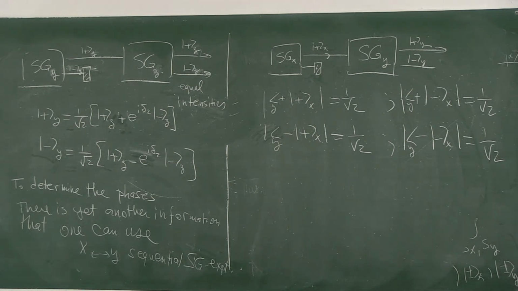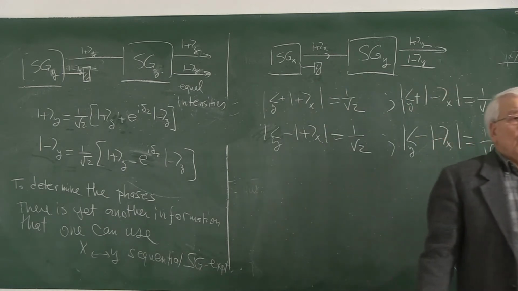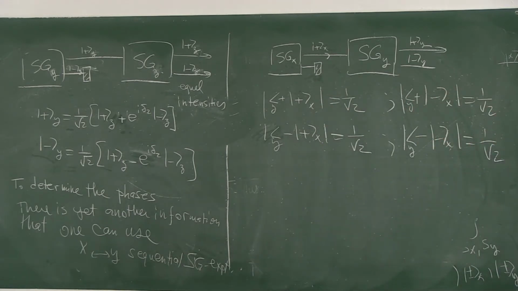So what then I can write is lift those mod signs and put the phases, and overall phases are not important. Write the relative phases. Then what do I get? I have the plus x and minus x given already, and the plus y and minus y already determined.